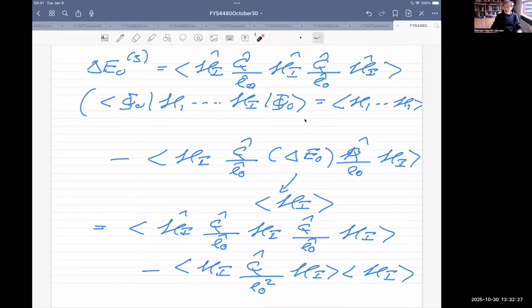We haven't defined this yet, but we will wait a little bit till next week. But now we're just going to go through what these terms can mean and how we are going to relate them to full configuration interaction theory. We're also going to start to look at a diagrammatic representation of these terms.